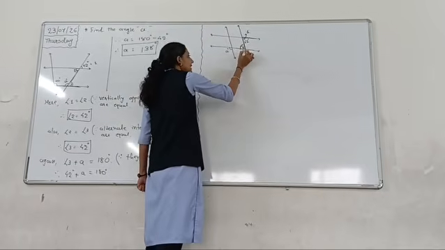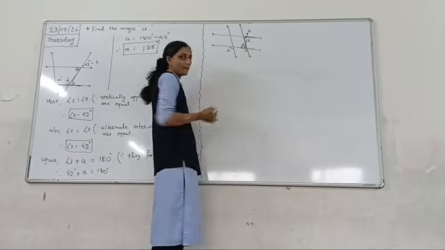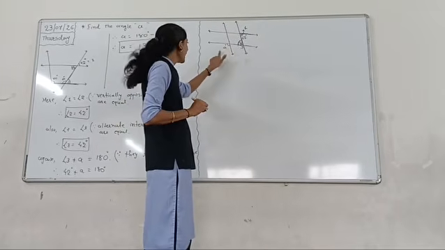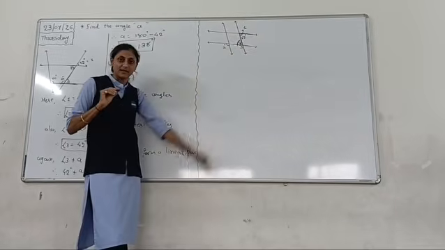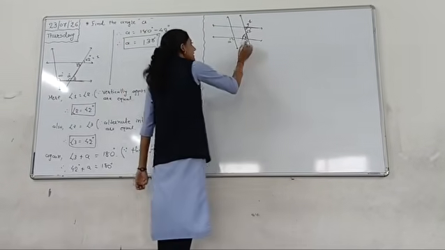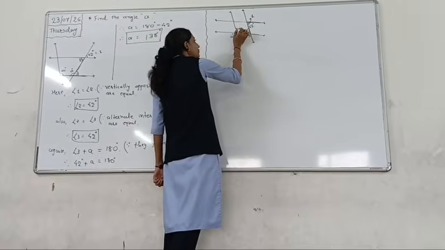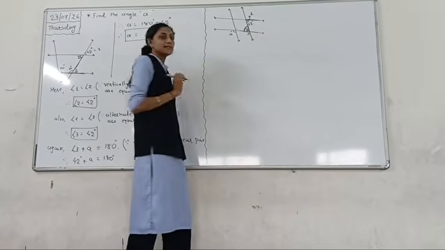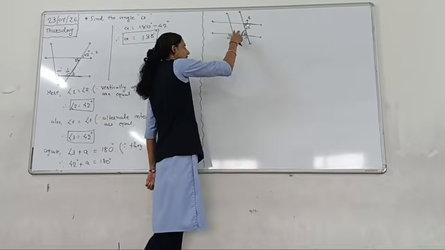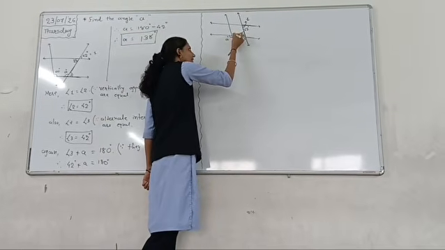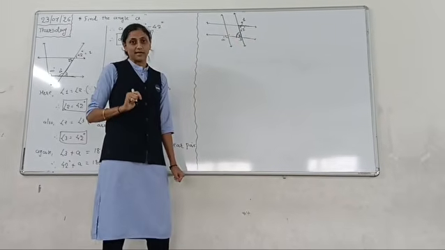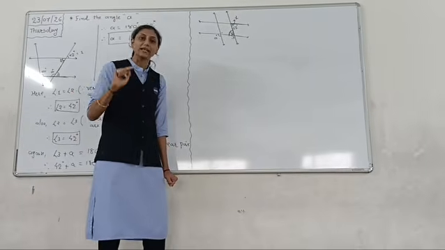That means these and these are the linear pair. If we find angle 3, then A and 3 are corresponding angles, so we can use that property as well. And if you want, angle 2 and this one are co-interior angles. If we find these, then these and these are vertical opposite angles. So you can choose any of them.